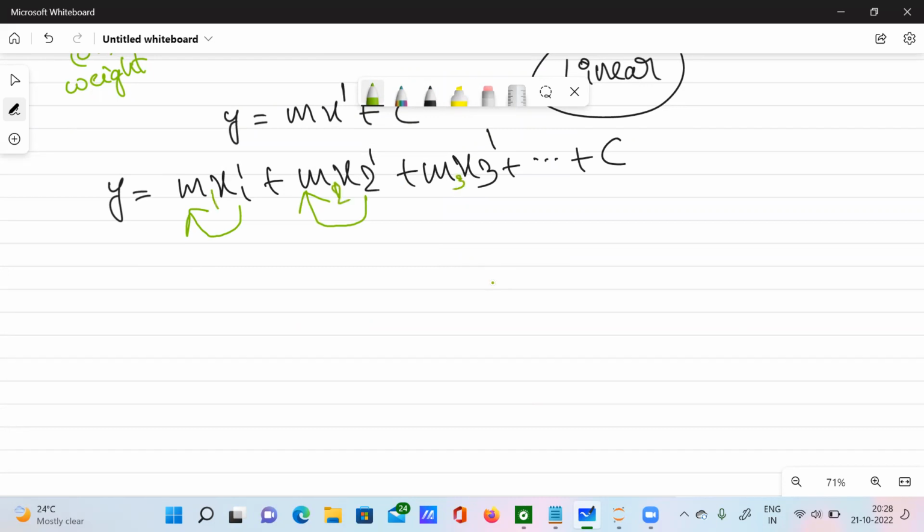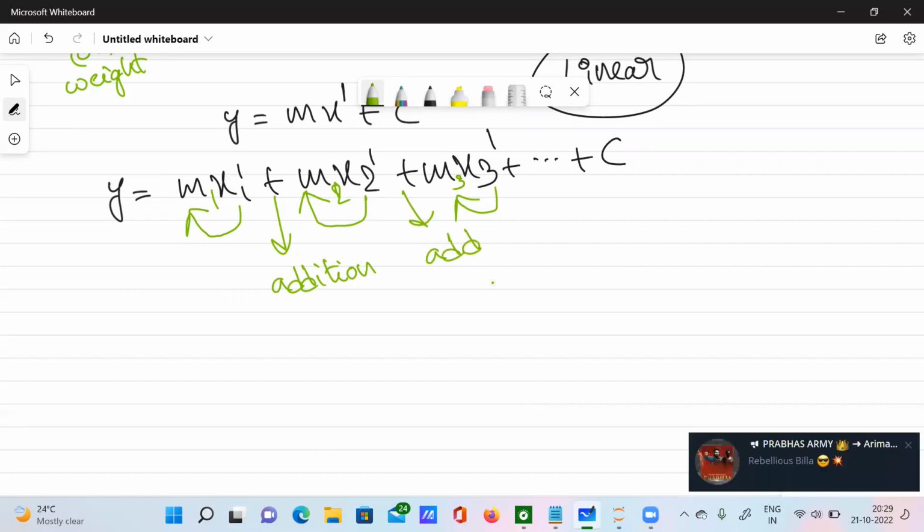So this particular x3 is multiplying with this particular weight m3, right? And all these things are getting added here, which is the plus sign, addition. These are all the variables along with their weights getting added here.